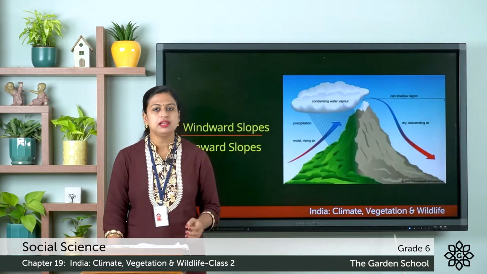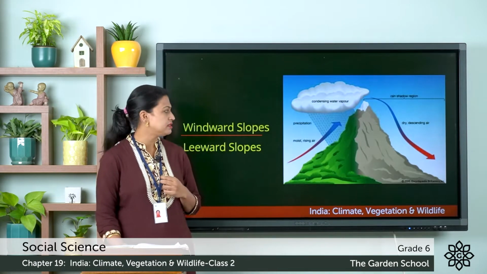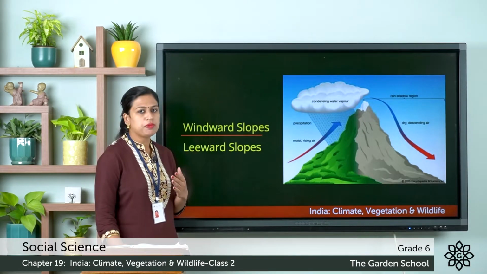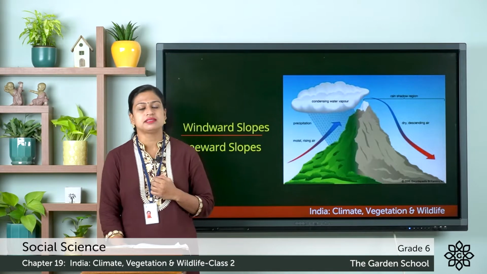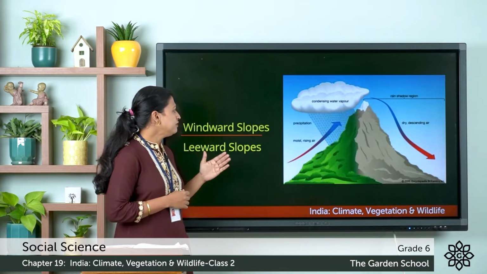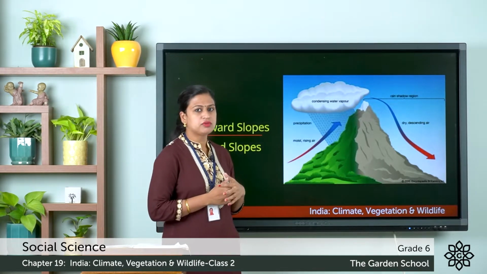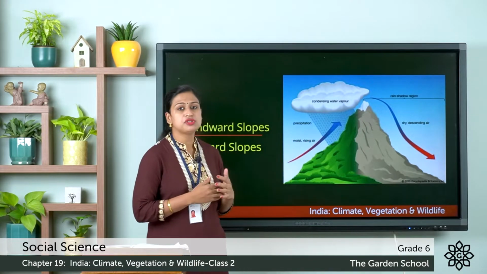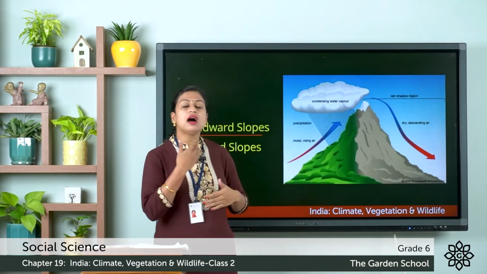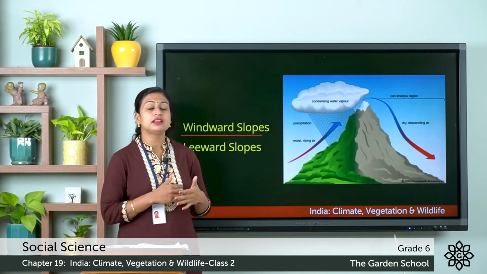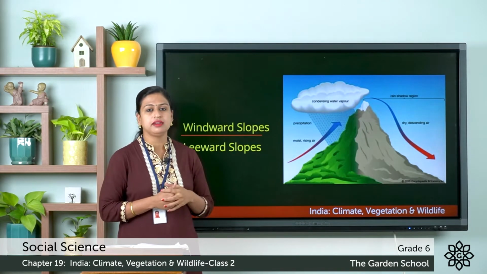But before that, let's be familiar with two terms, that is windward slope and leeward slope. So what do you understand by this? Here, the windward slope is the side of the mountain that faces the moisture-laden wind, and the leeward slope is the other side of the mountain that does not face the moisture-laden wind.